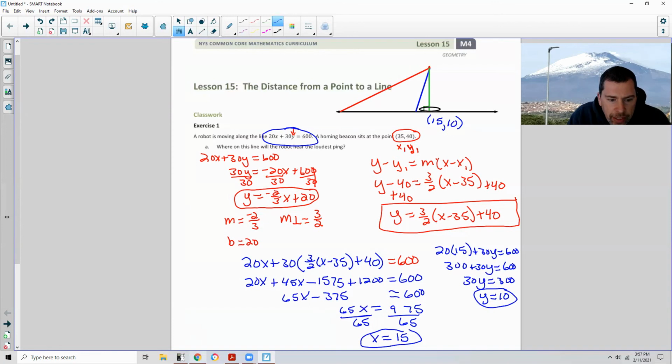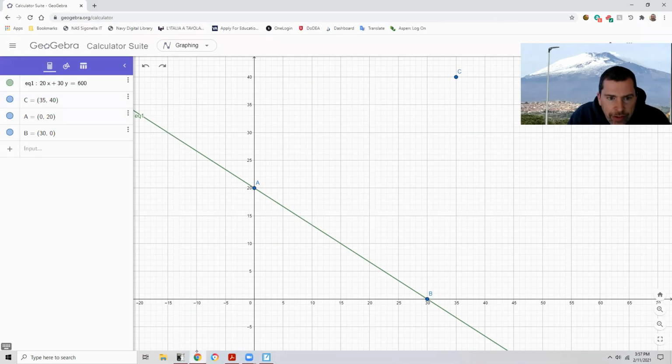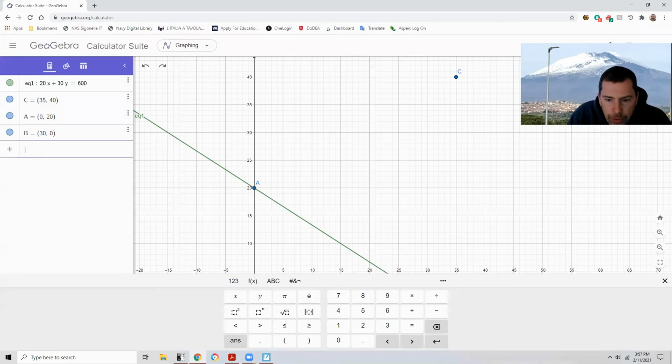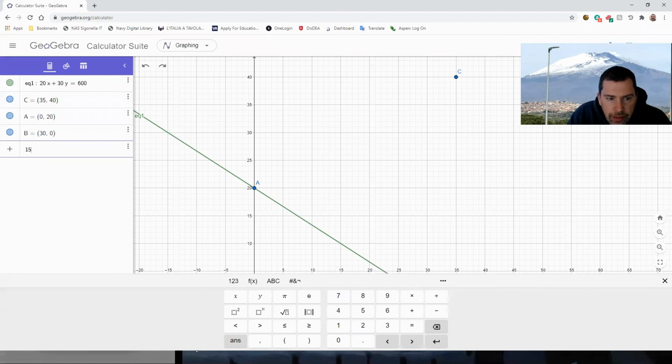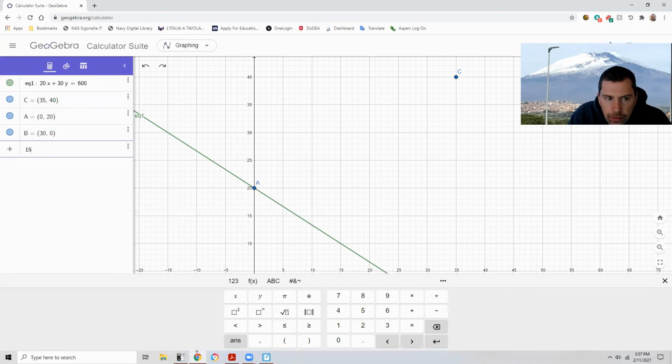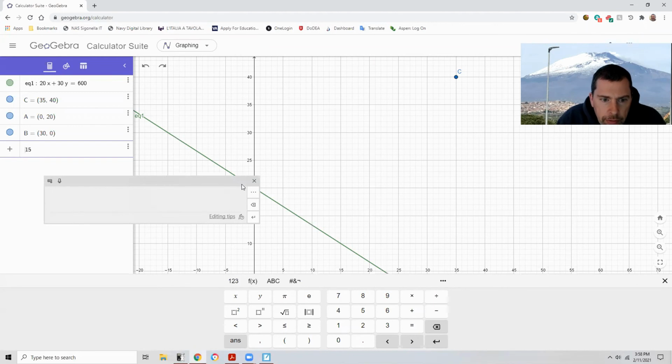So let me check that. If I go to my graph here and I input the point 15, let me try that again. Can't use my pen.